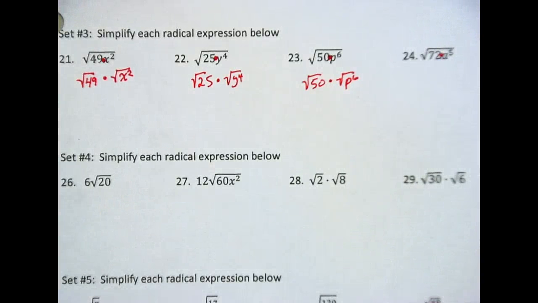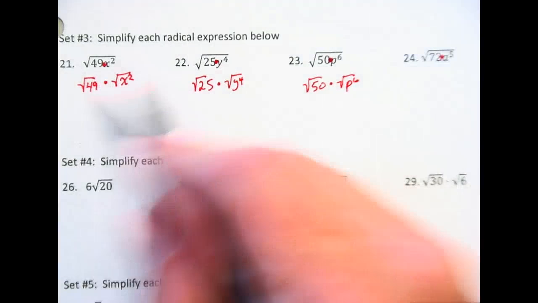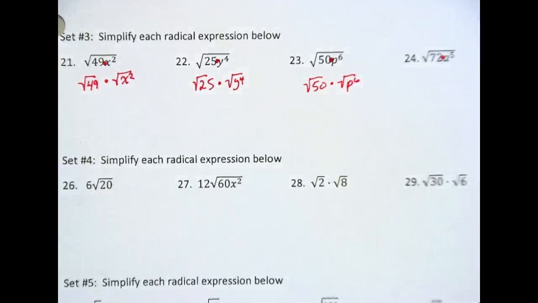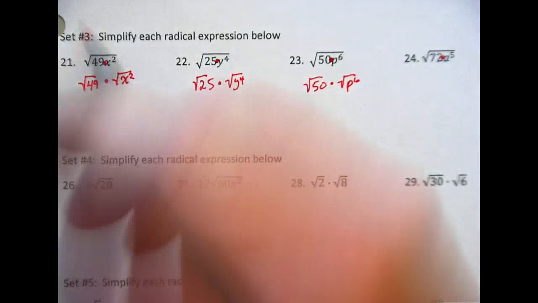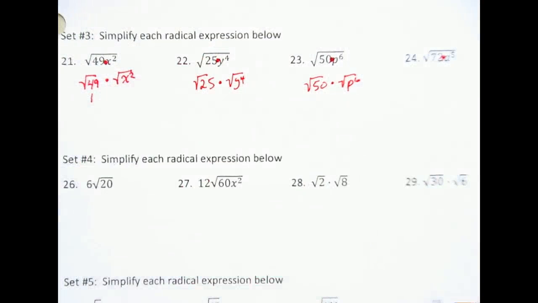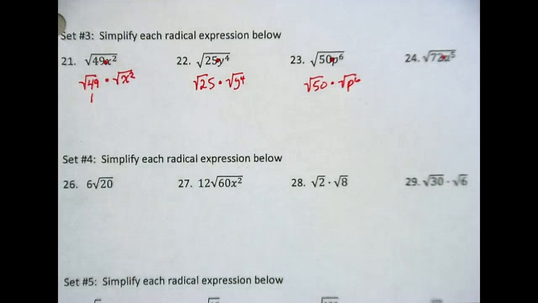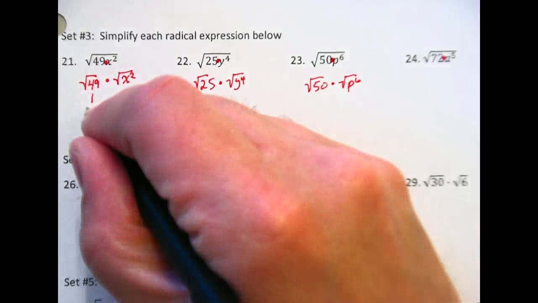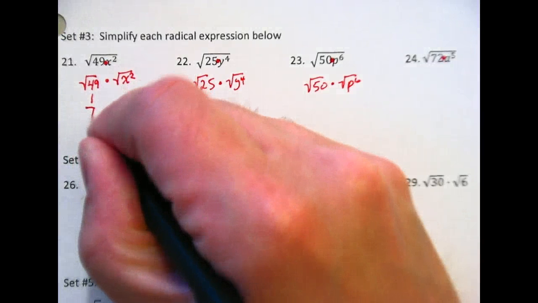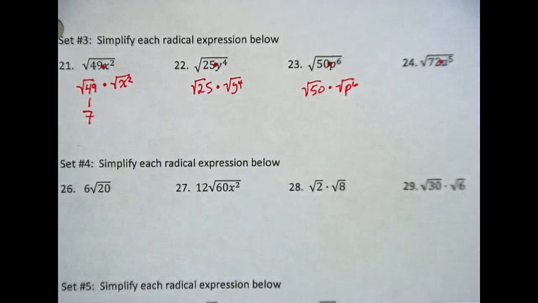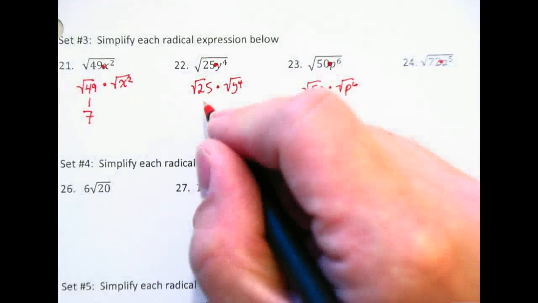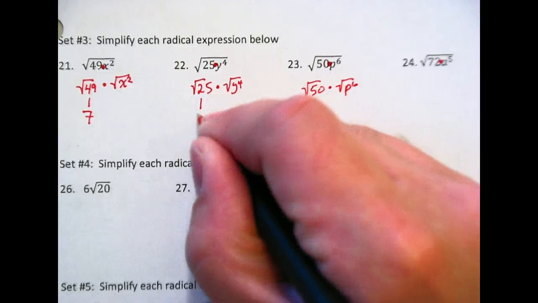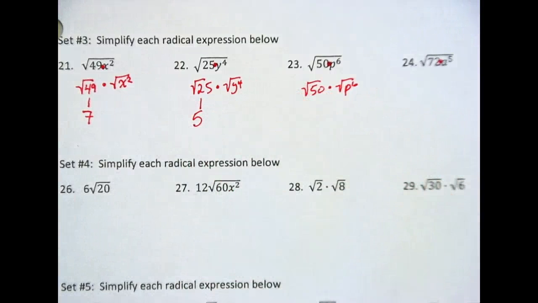Not too bad, right? What part can I simplify in number 21? What is the square root of 49? Everyone write it down. Okay, what is it? 7? Good. You guys have a point again. And this one? 5? Okay.